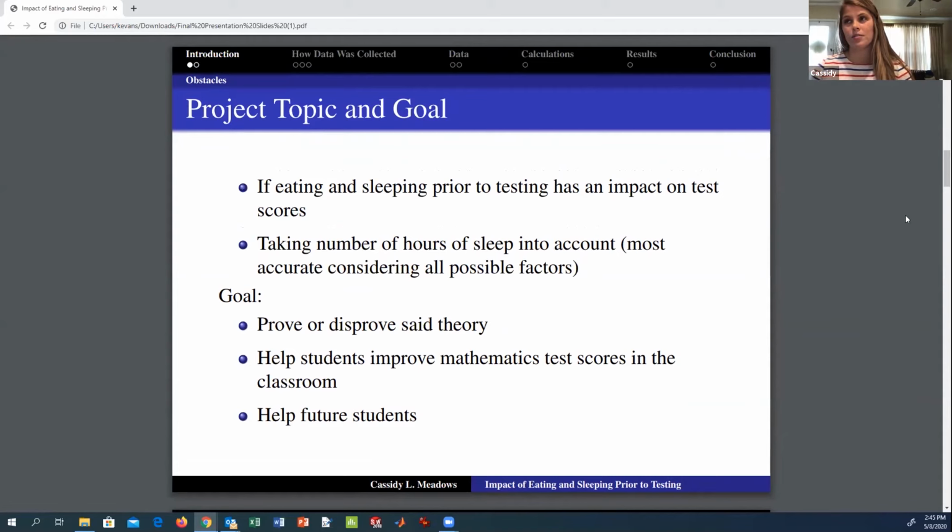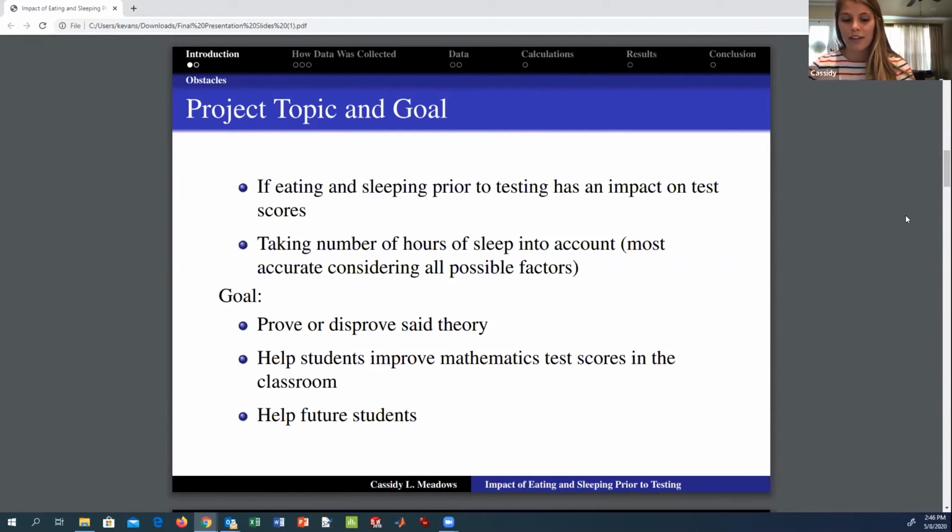There are tons of factors that I could have considered for this project, so I decided to do sleep because that was the most accurate, and I could actually get my hands on this factor, other than like home life or background. If they stayed up all night studying for something, I could actually ask questions about their sleep. The goal of this project was to prove or disprove a said theory.